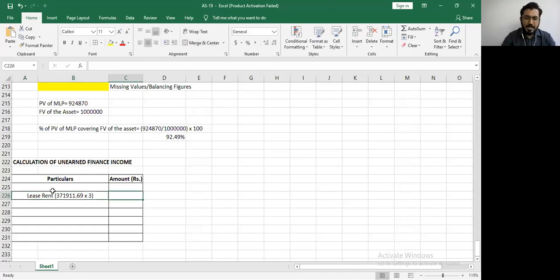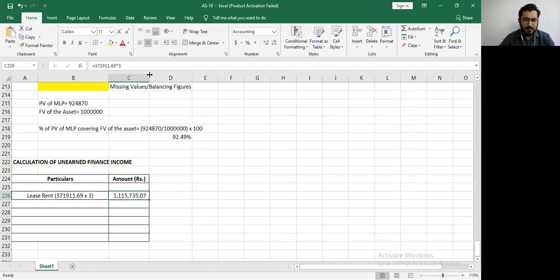Okay, let's calculate this. 3,71,911.69 into 3 years, how much do you get? You get 11 lakh 15,735.